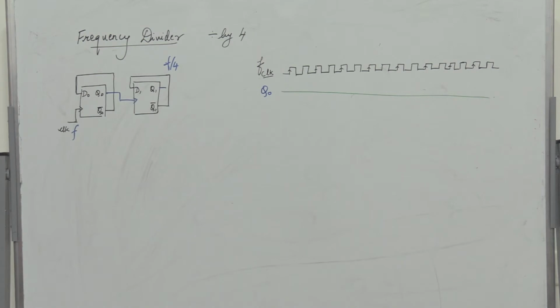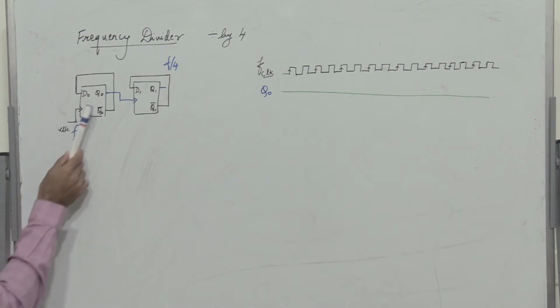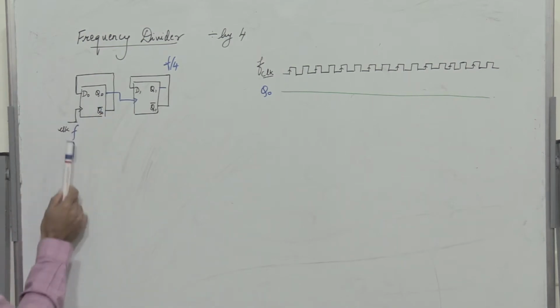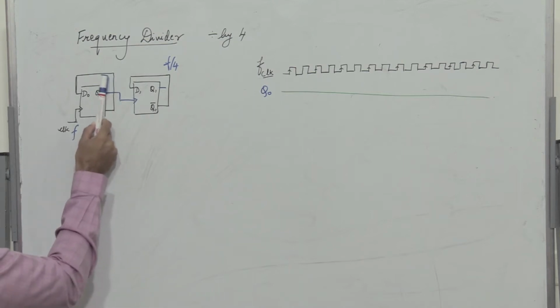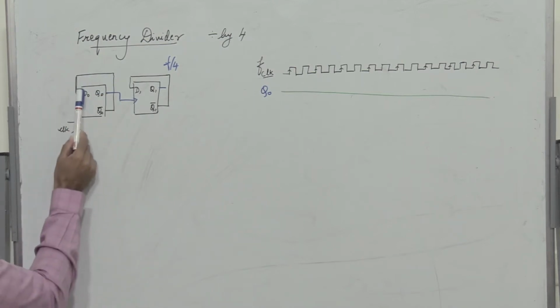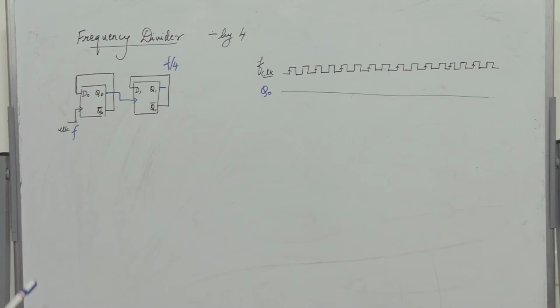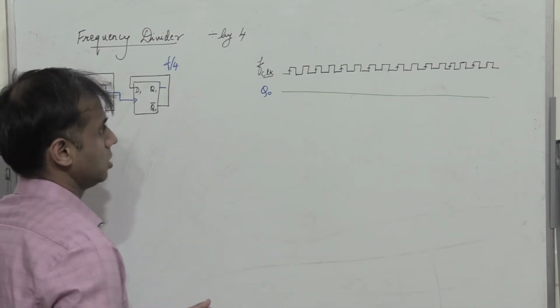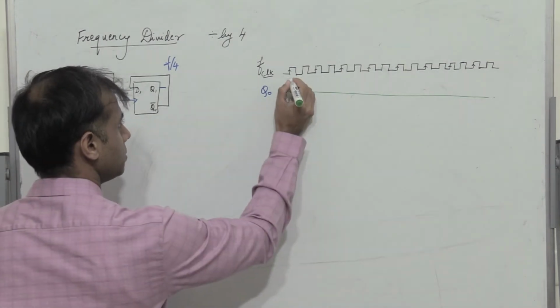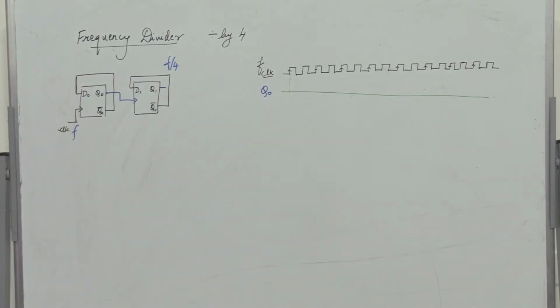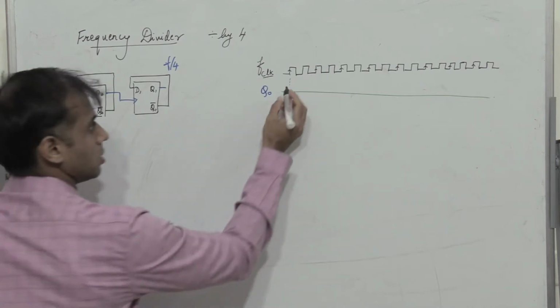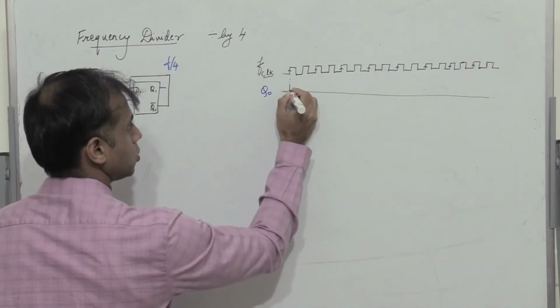So initially let me assume that the output is 0, Q0 is 0. So if Q0 is 0, Q0 bar is 1. So I have a 1 coming here at D0. So when I have the positive edge of the clock pulse coming in, I find that the previous state of Q0 was 0. So it changes from 0 to 1.